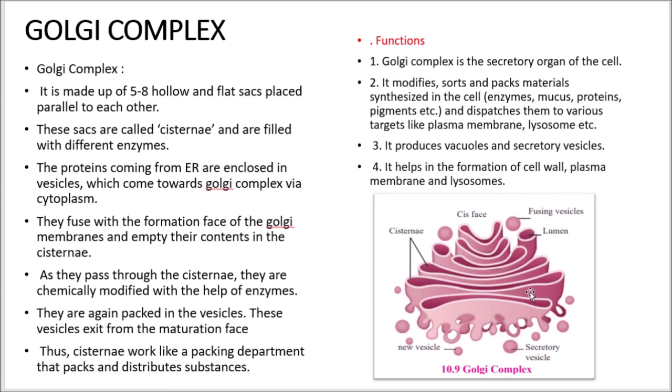He won the Nobel Prize of 1906 along with Santiago Cajal for the study of the structure of the nervous system. And on behalf of his name, this organelle has been given the name Golgi complex.